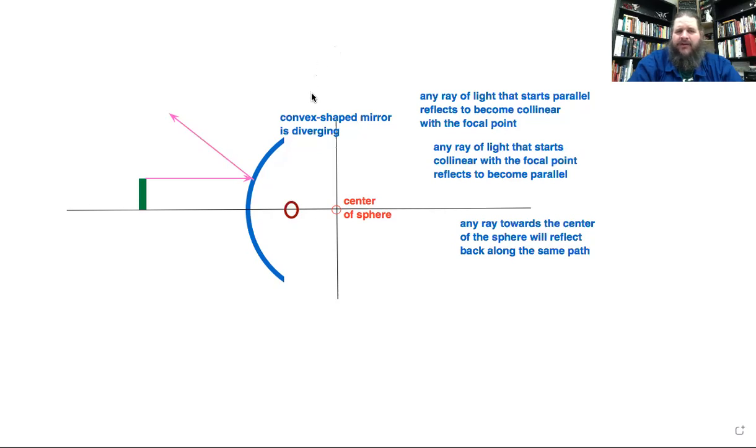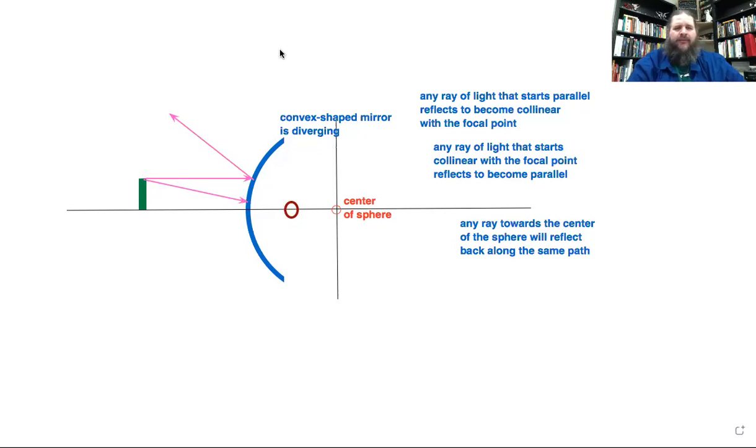Another one we can draw in is a ray of light that starts off collinear with the focal point. That is, it starts off going straight towards the focal point. But of course, it's not actually going to get there because what does it hit first? The mirror. Yeah. So if you got a ray of light from the object towards the focal point, but then hitting the mirror, that's originally collinear with the focal point.